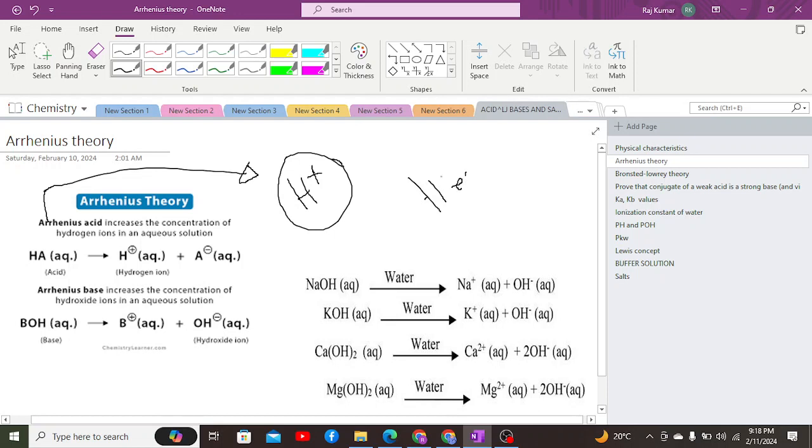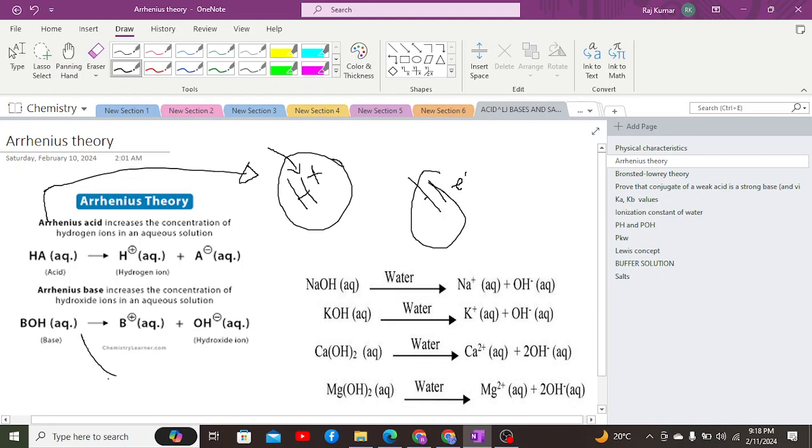When it loses its one electron, it becomes a hydrogen proton, and that hydrogen proton is the characteristic symbol for an acid. Any acid which has that hydrogen ion and produces that hydrogen proton in water will be known as an Arrhenius acid.